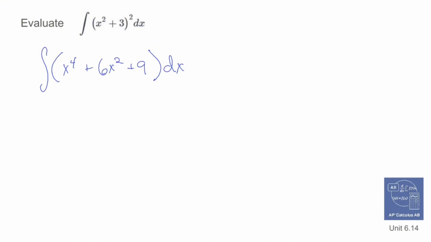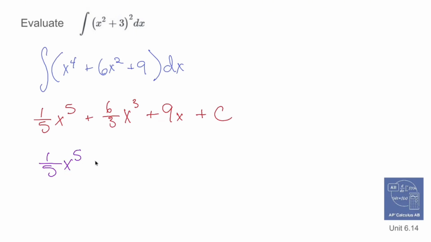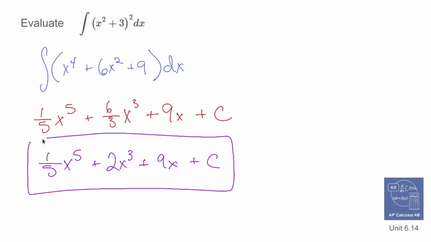Now I integrate that using our typical power rule thoughts. So you would be 1/5 x to the 5th plus 6/3 x to the 3rd plus 9x plus arbitrary c. And then cleaning this up in one more step, we have 1/5 x to the 5th plus 2x cubed plus 9x plus c, and that should do it. Fun.